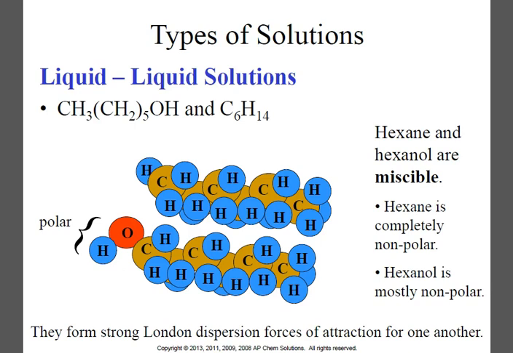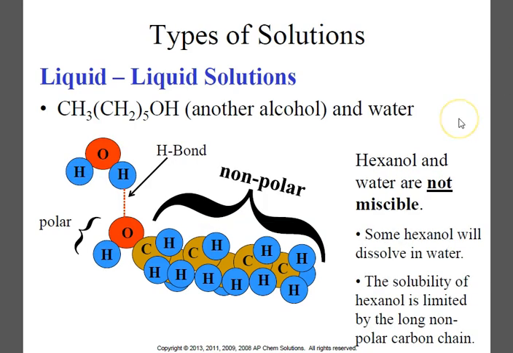So when we're talking about solutions, we're really thinking about the intermolecular forces still, just like we were in the last chapter. So how strong or how favorable are the intermolecular forces between these two things? Well, in these two substances, hexane and hexanol, they both have those London dispersion forces. So that's going to be a favorable combination. In water and hexanol, they have some favorable interactions, but it's not completely favorable because of that nonpolar chain.